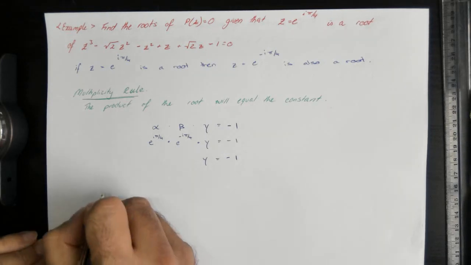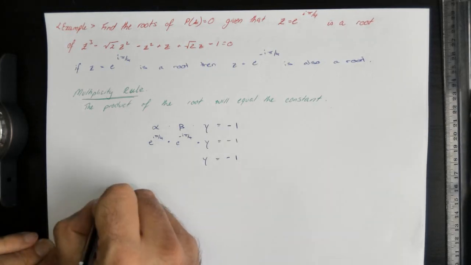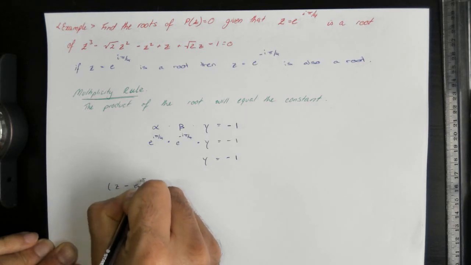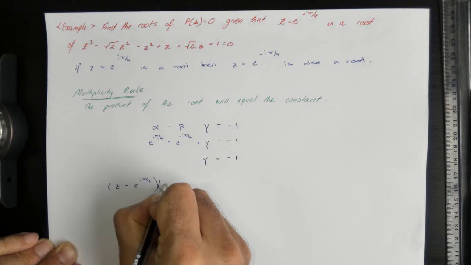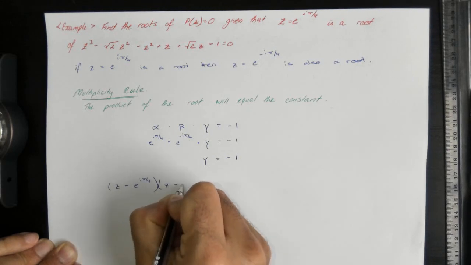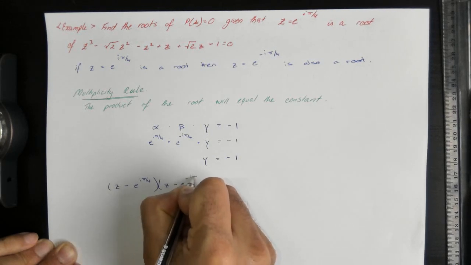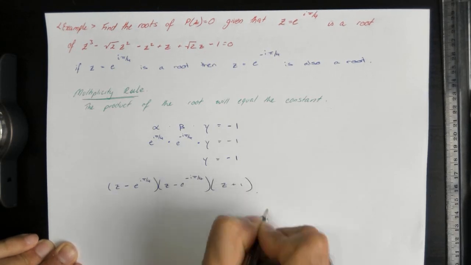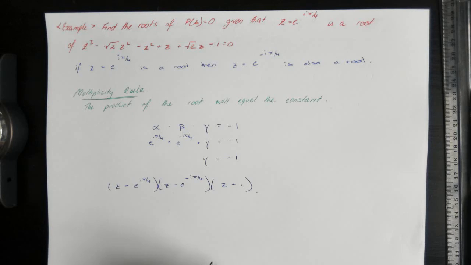So if I was to write it in factorized form, I would have z minus e to the i pi on 4, z minus e to the negative i pi on 4, and because this is a root, I'd have z plus 1.